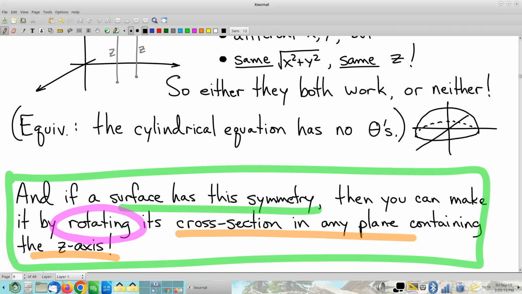If I can find any cross-section, such as, let's look at the cross-section here in the xz plane, I can take that cross-section and then rotate it around, and notice that one cross-section, when you rotate it around the z-axis, generates your surface. Neat fact about rotationally symmetric surfaces.